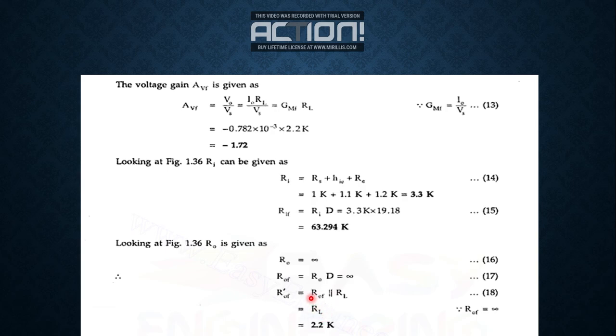How? ROF is infinity. We already found that. RL is what we have assigned, that is 2.2k. If we do a parallel connection, we will end up with RL. This is a universal thing. Let's imagine two resistors of 5 ohms and 100 ohms.